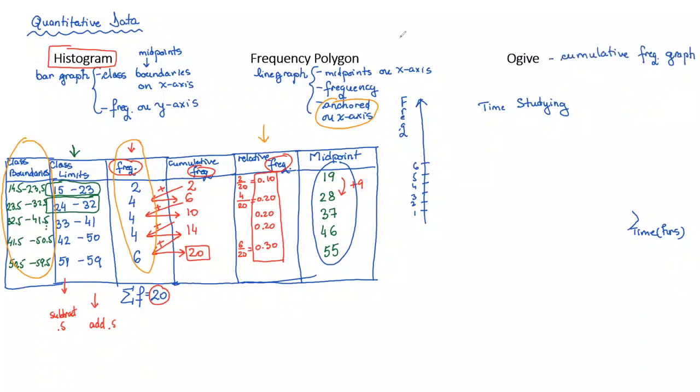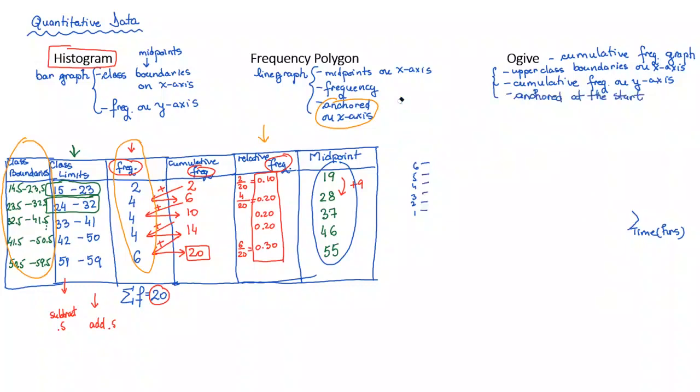What does that mean? Well, instead of using frequency, it will use the cumulative frequency on the y-axis. On the x-axis, we have the upper class boundaries. On the y-axis, we have the cumulative frequency. And this graph should be also anchored, but only at the start.